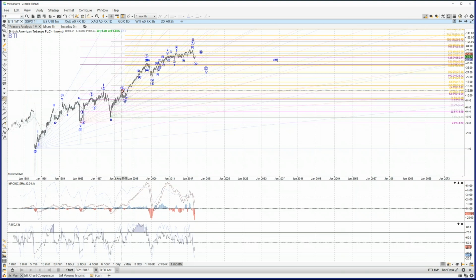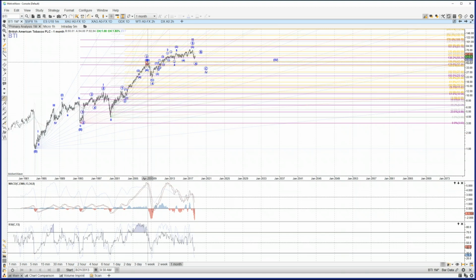Then it produced another 5 up as the primary degree wave 1 and 2. Based on those smaller degree fibs, as you can see here in gray, that was a 764 extension, slightly beyond standard expectations. That means, assuming price continues to cooperate, we can look for a little bit higher to be reached in the wave 3 of 3.